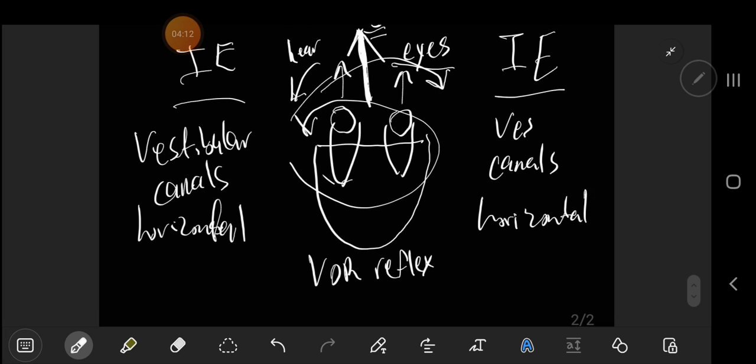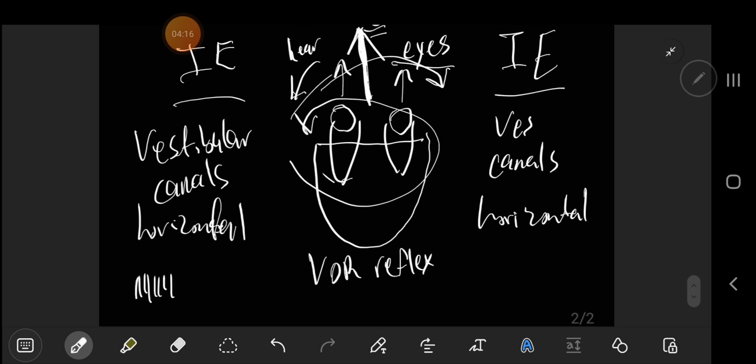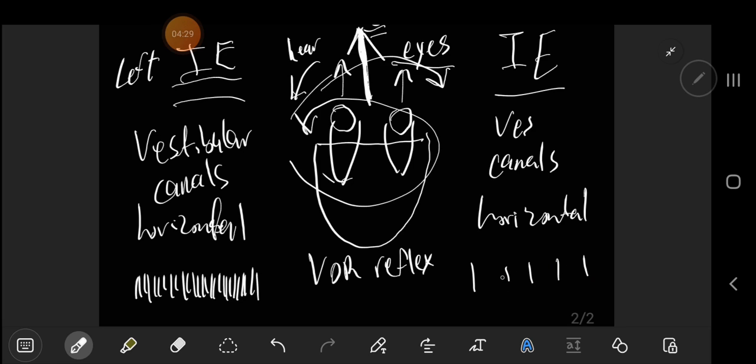Okay, so this is when you're moving your head in this direction. The inner ear, the vestibular system on the left side, will be activated, and on the right side will be inhibited. Let's call it that way.